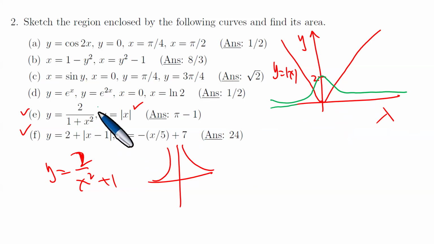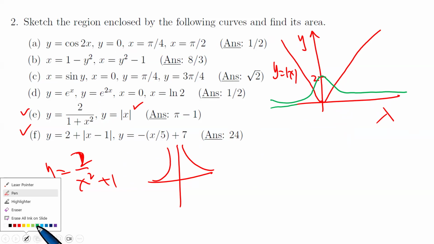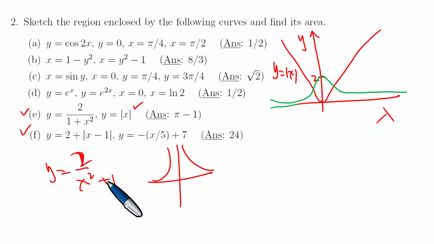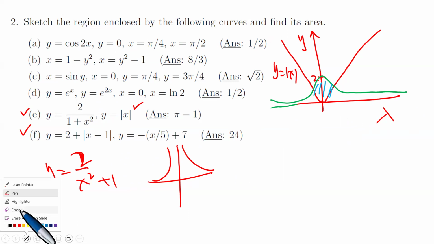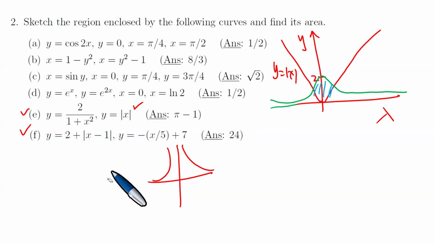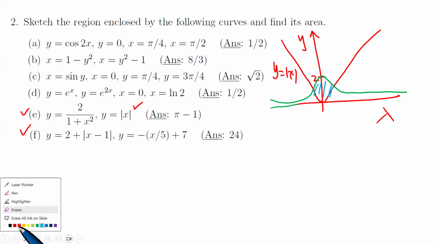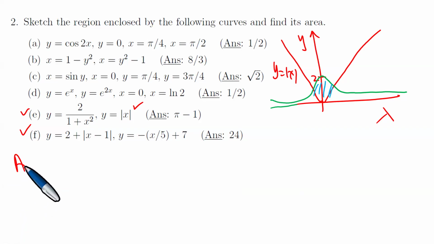Okay, so sketch the region enclosed by the following curves and find its area. So the area is going to be this one here. Right, so let us check this out. The area. Now obviously you need to find the points of intersection.